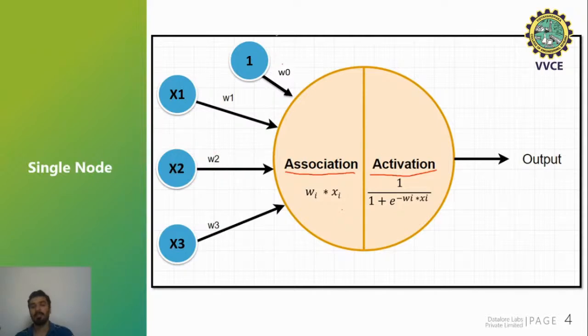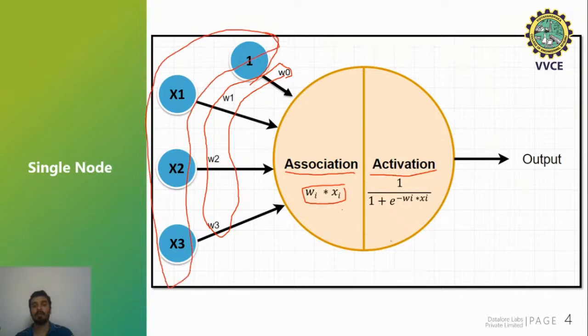Basically, it's the weighted sum of your input values with the weights, and that sum is the output of our summation function, or association function. Let's simply call it wixi, where w is our weight matrix and xi are our input values. So association is just the weighted sum of the input values multiplied by the weight values.